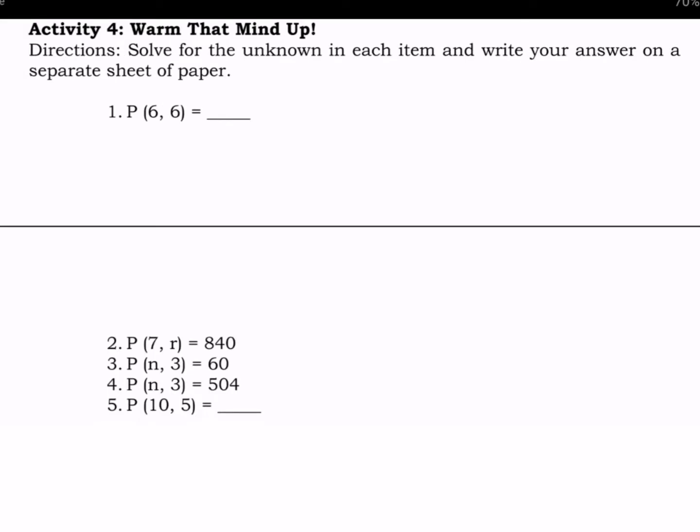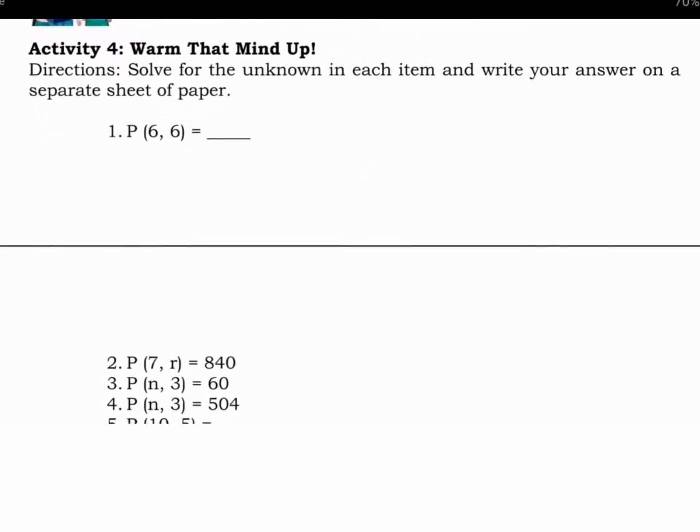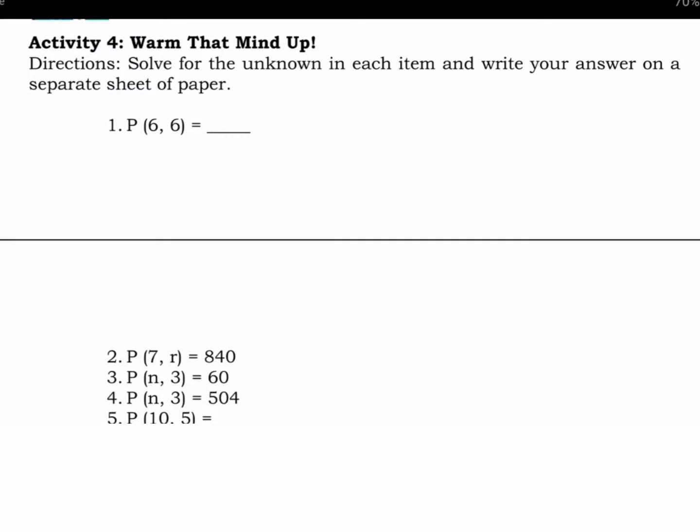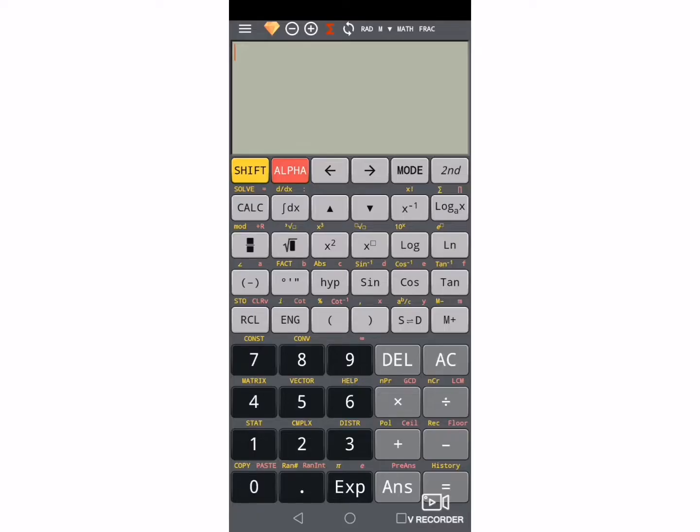Solve for the unknown in each item and write your answer on a separate sheet of paper. Number 1. What is the permutation of 6 taken 6 at a time? The answer is 720. By using the scientific calculator, it's easy for us to compute the permutation.